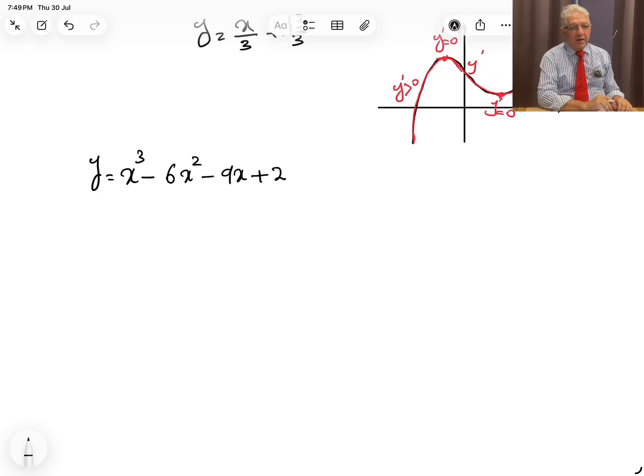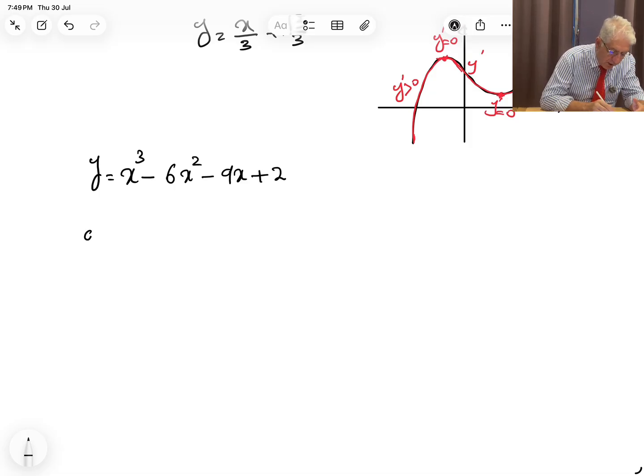I want to find the maximum and minimum, or local maximum and local minimum, of this function. And also I want to know where it is increasing and where it is decreasing, on which interval it is increasing, on which interval it is decreasing.